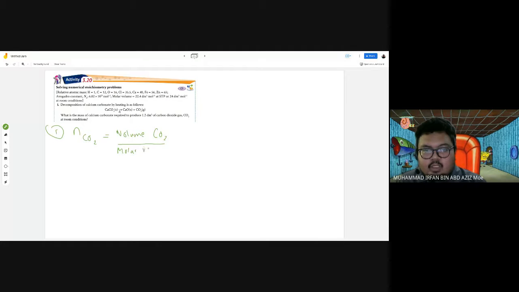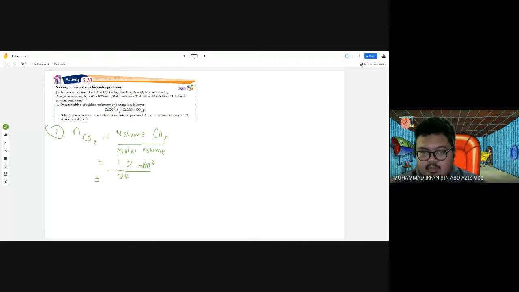Molar volume, tiap question dia cakap at room condition, so at room condition should be 24 lah. So volume of CO2 1.2 decimeter cube divide by 24.